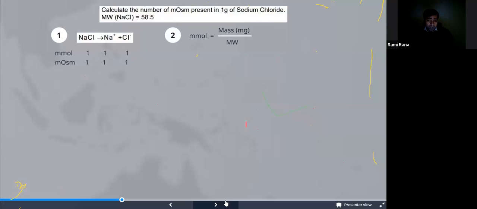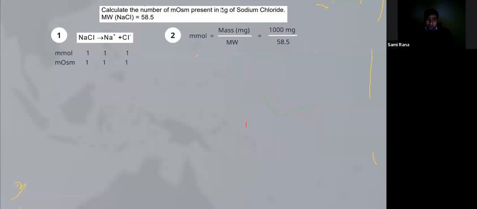Step two is to convert this into millimoles. Because we have the mass given here, we need to convert it into milliosmoles. But as I have told you, millimoles and milliosmoles are the same, and you should have the basic structure of millimoles in your head. This is the formula we are going to use. This is the basic structure on which we build our calculations for milli equivalents or milliosmoles.